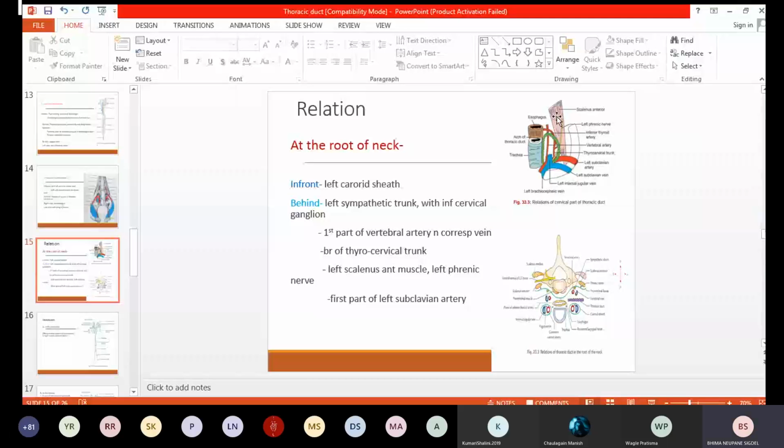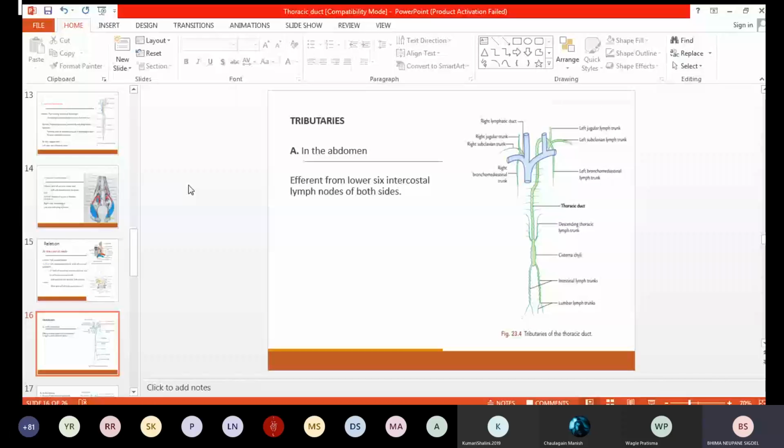After that, what are the tributaries of the thoracic duct in the different parts of our body? You can see these are the tributaries, like a vein. It also has tributaries which drain lymph from the interstitial tissues and different organs and parts of the body.